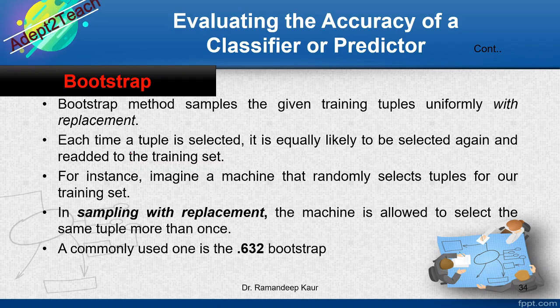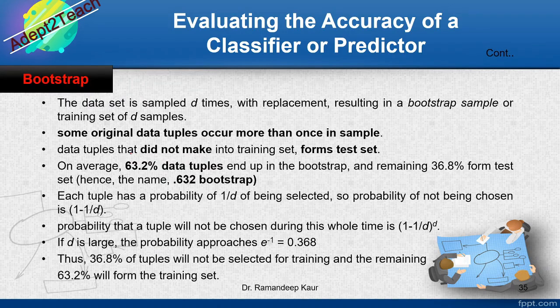There might be chances that the previous tuple and the tuple I have picked again are the same, or they can be different. So this method is called the 0.632 bootstrap. The reason is that when we did this type of evaluation, 63.2% of the data tuples were identified separately and used as the training data set.